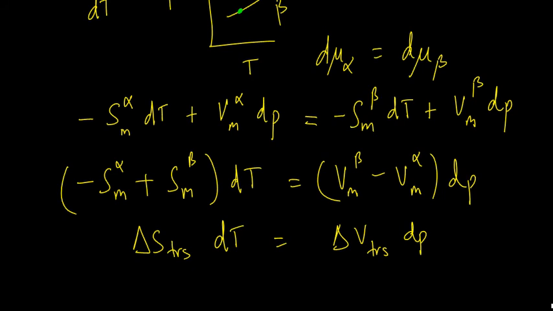So you could have derived this directly from those partial derivatives by applying that minus one cycle rule. But it's important to tell you that the chemical potential is equal, right? Otherwise I cannot derive it.